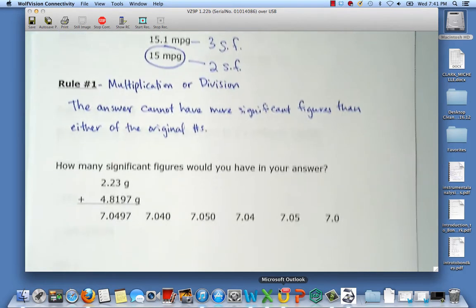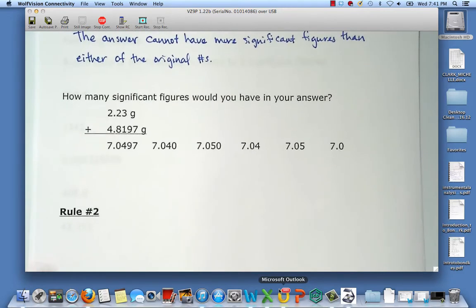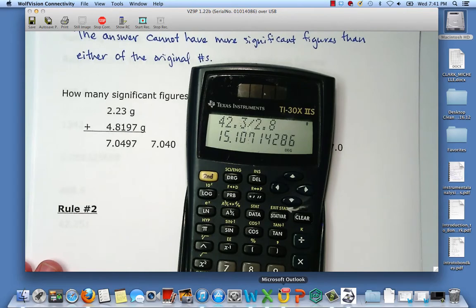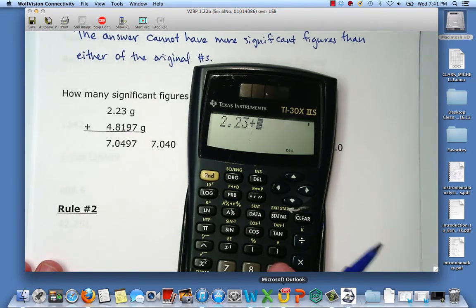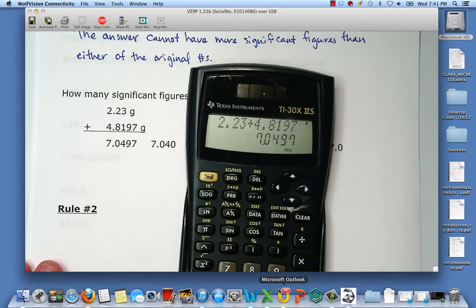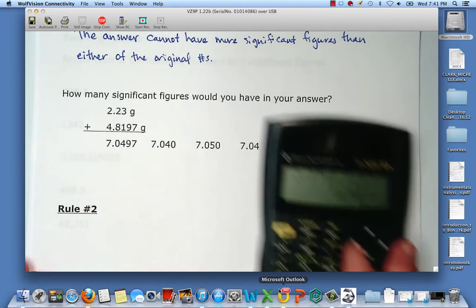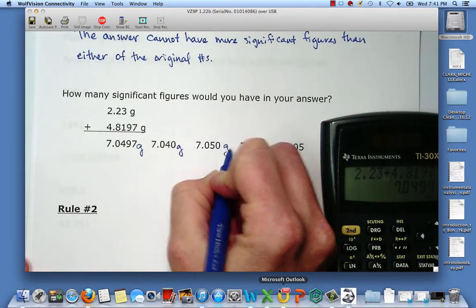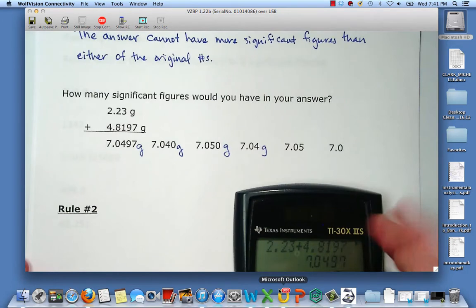Okay, the next one, when you add 2.23 plus 4.8197, when you add those two numbers together, and the units should all be grams on these. Shame on me for not recording my units.